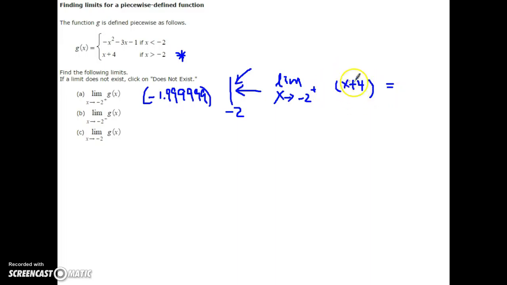You can feel free to put this in your graphing calculator, but this is simply a straight line where your y-intercept is 4 and your slope is 1. So when your x is -2, when your x is very close to -2, what is your y going to be? It should be 2. In other words, we can just substitute this value in there.